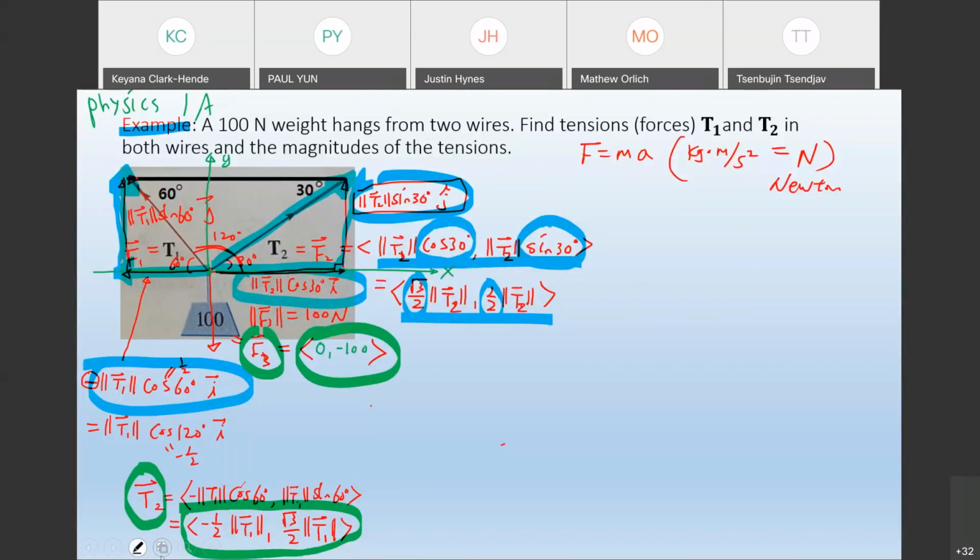Do you see it? This is simply negative 100j, isn't it? Because there's no x component for this guy. So we could write down this one. And then where is T2?